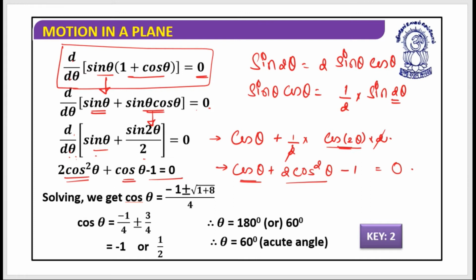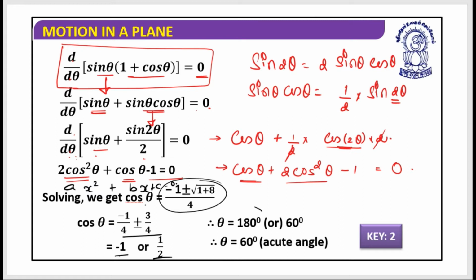This is a quadratic equation, and I can compare it with ax square plus bx plus c equals to 0. So x is minus 1 plus or minus under root of 1 plus 8, by 4. So I have minus 1 by 4 plus or minus 3 by 4. So this equals minus 1 or 1 by 2.